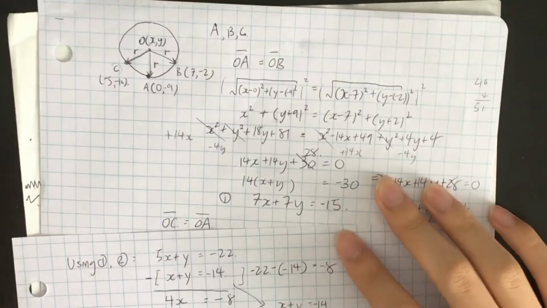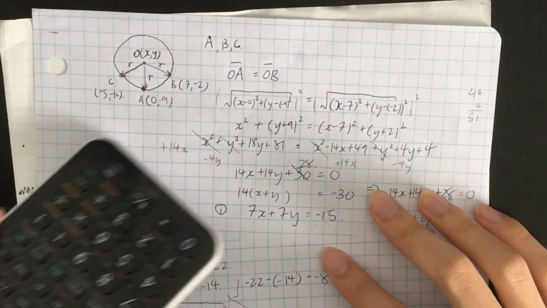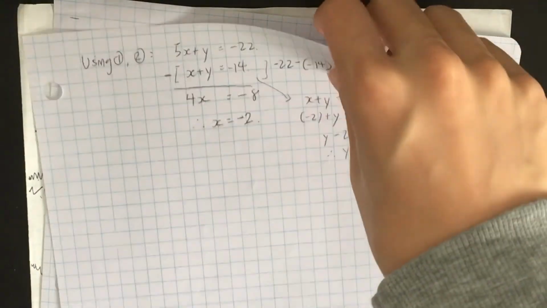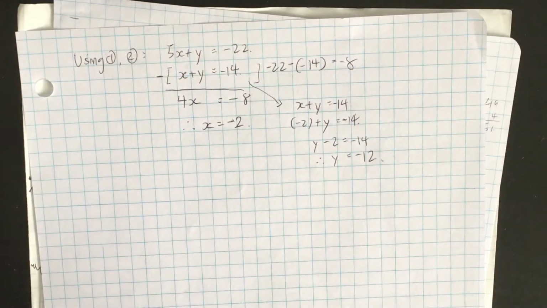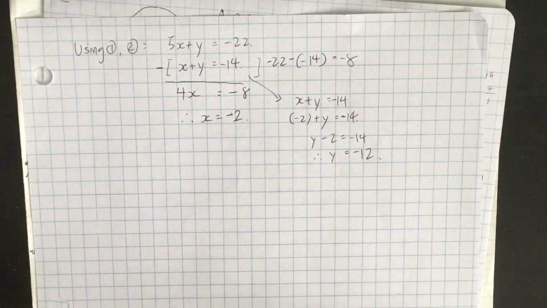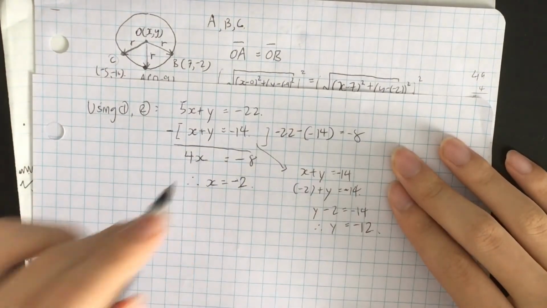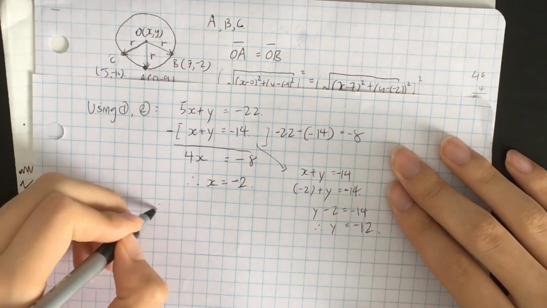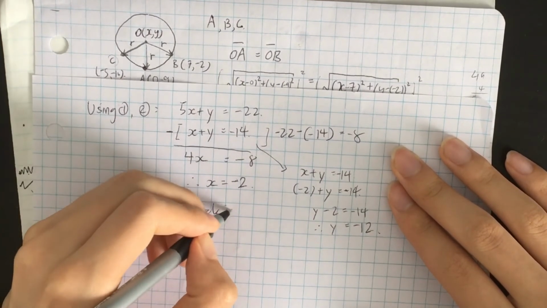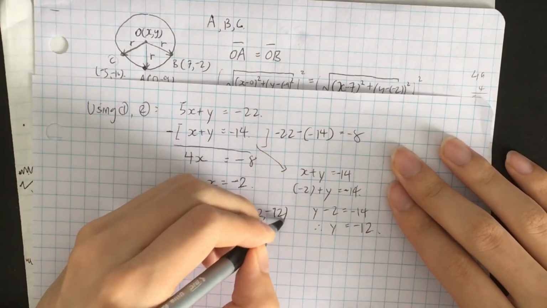We have just determined the center of the circle, but we haven't determined the radius of it yet. So the center is negative 2, negative 12.